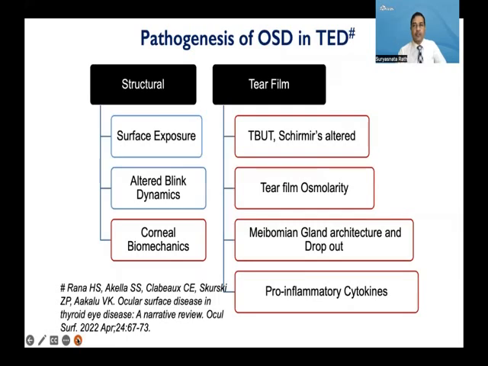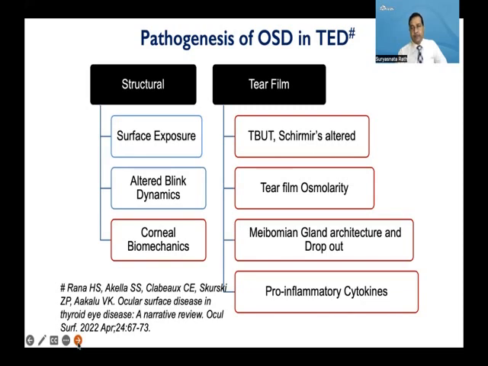If we try to understand the pathogenesis of ocular surface disease in TED, what is often talked about is surface exposure or altered blink dynamics. But new evidence has emerged in the literature which suggests that there are alterations in the tear film characteristics, in all layers of the tear film, in the meibomian gland architecture and dropout, and interestingly, cytokines, predominantly pro-inflammatory, in the tear film, which correlate well with the activity of the disease.